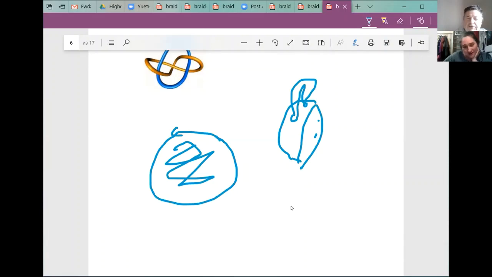The non-oriented surface is a sphere with H Möbius bands. And this is for compact, closed surfaces, so without boundary.